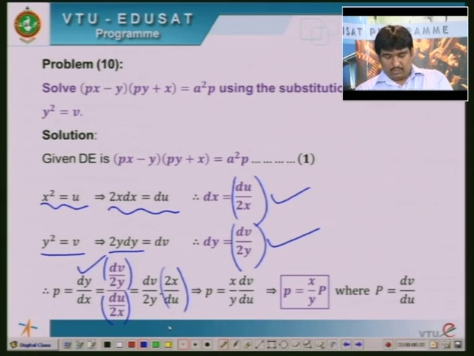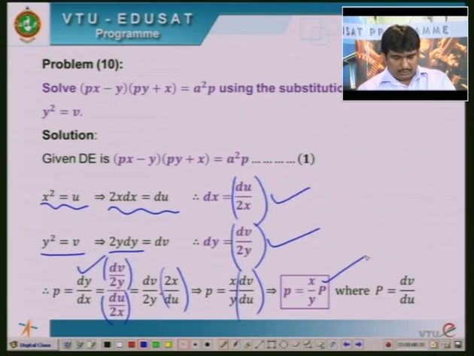Simplify this. We get small p as x divided by y into dv by du. This is a derivative with respect to the new variables v and u. I will call it capital P. So, small p is x by y into capital P.